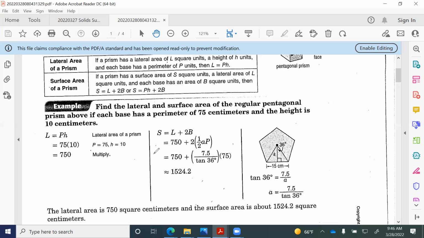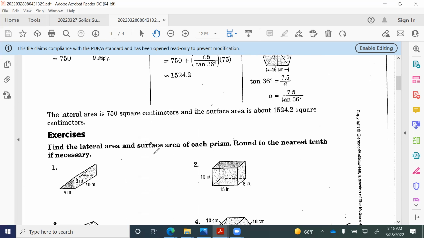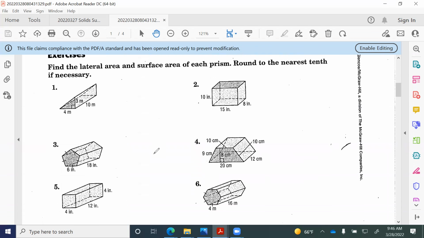You can still find lateral area, because we can find the area of this rectangle. And if we know this rectangle, we actually know these other 5. So I can take that one, times 5, and I have my lateral area. So there are other ways to do this. These formulas are just one of the methods that works, and they'll work every time, no matter what shape you're dealing with.